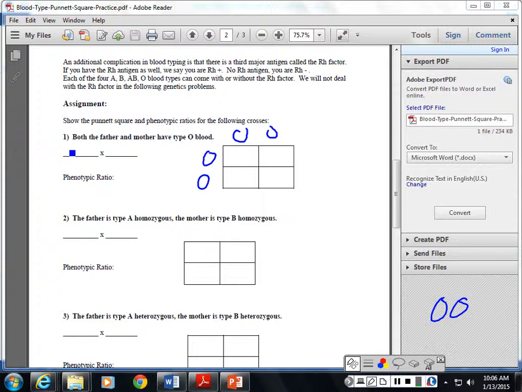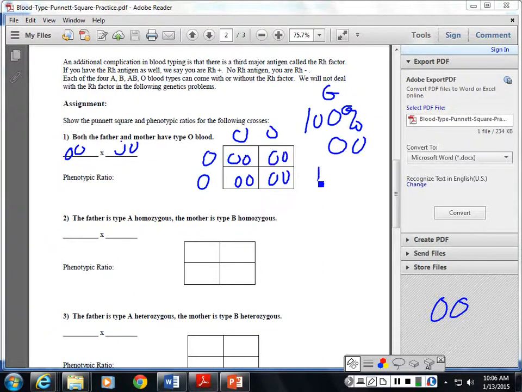So you can put OO, OO here. Well, what are the kids going to be? OO, OO, OO, OO. So you have a 100% genotype of OO, and you have a 100% phenotype that their blood's going to be O.